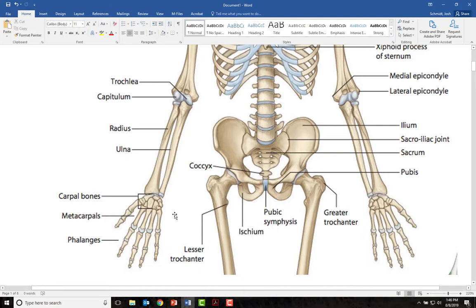And the phalanges actually have multiple bones within it. So each finger outside of the thumb has 3 independent bones. It has a proximal phalanx, a middle phalanx, and a distal phalanx. So fingers 2, 3, 4, and 5 all have 3. The thumb only has 2, a proximal and a distal. It doesn't have a middle. None of that you'll be tested on, but I did want to share that with you.